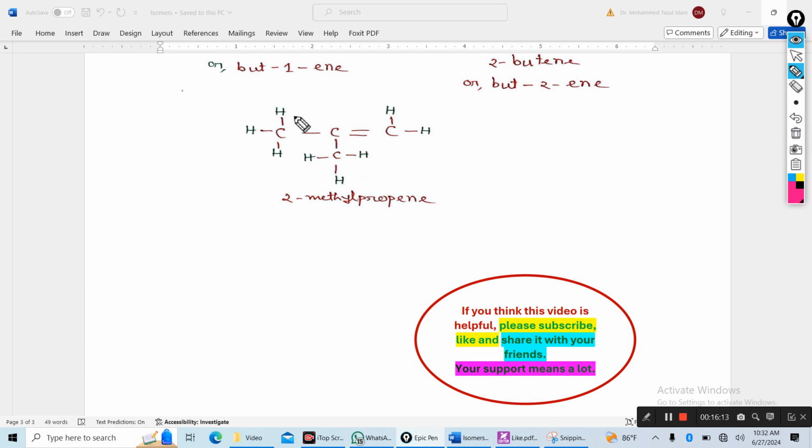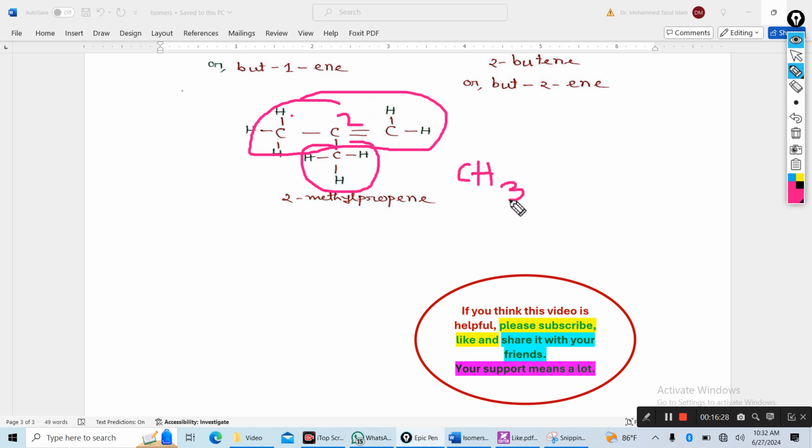If you count here, 3 carbon propene, number 2 carbon contains a CH3 group. CH3 means methyl, so this name will be methyl propene or 2 methyl propene.